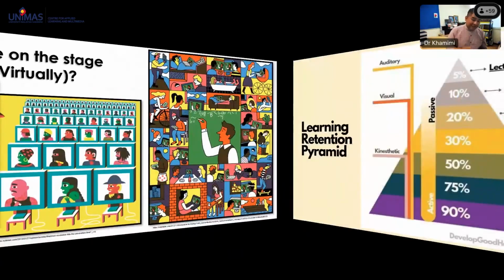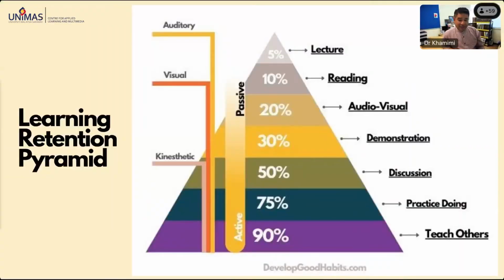All right, the learning retention pyramid, okay? Lecture, reading, audiovisual, and demonstration are still considered passive teaching techniques, whereas discussion, practice, doing, and teaching others are considered active.